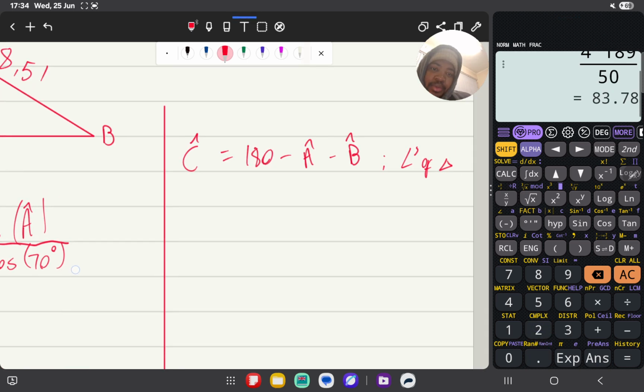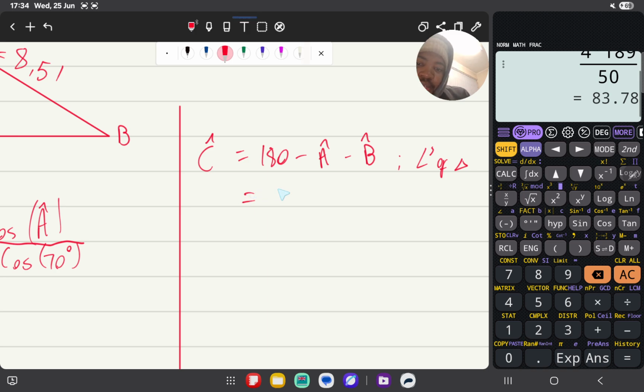And our angle C happens to be 83.78 degrees. Now I want us to do something that's really going to satisfy us.